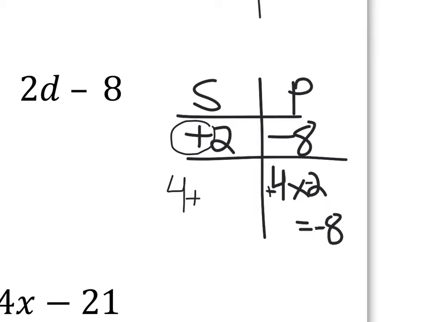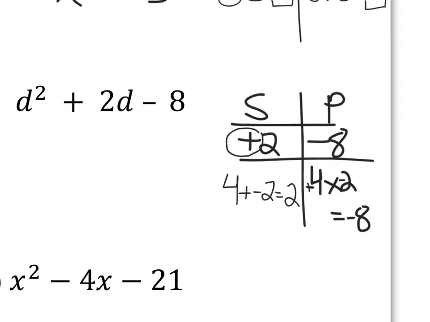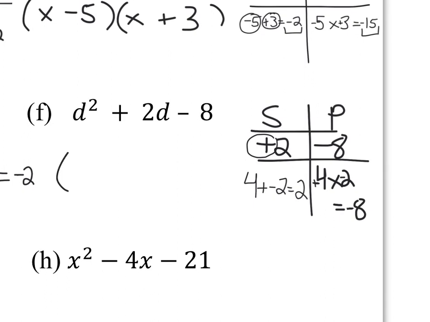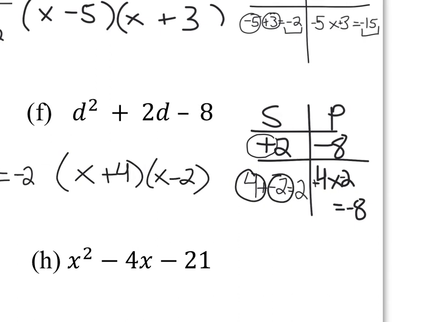And 4 plus negative 2, which is basically 4 minus 2, is positive 2. Check that on your calculator. Make sure that you're able to get these numbers, okay? Then we're going to come in, x, it's a positive 4. X, and it's a negative 2. That satisfies my sum and product.